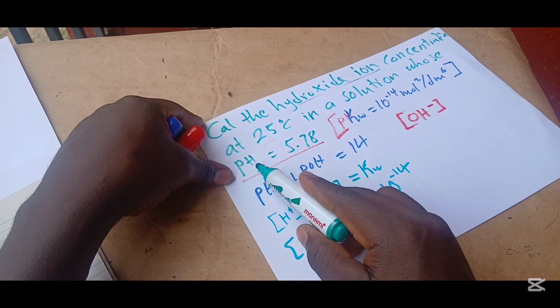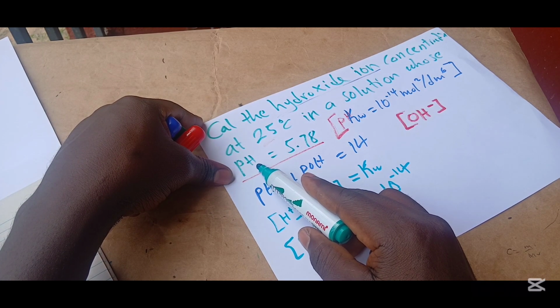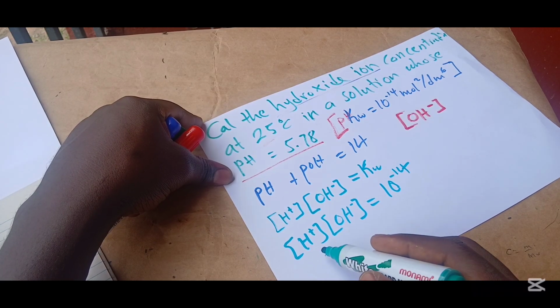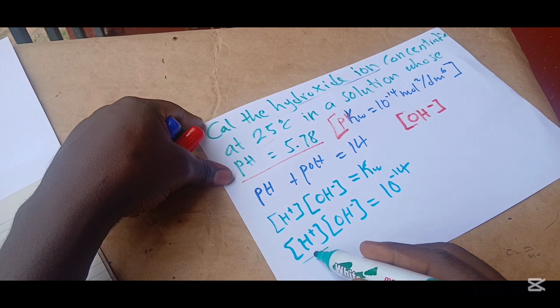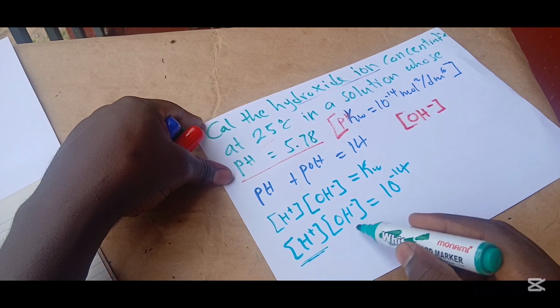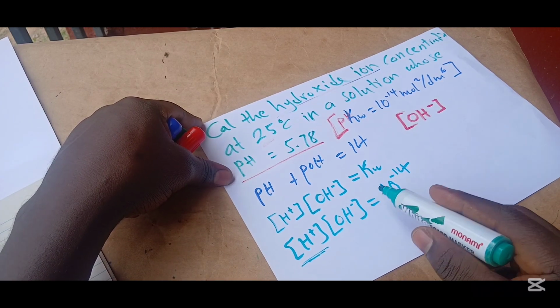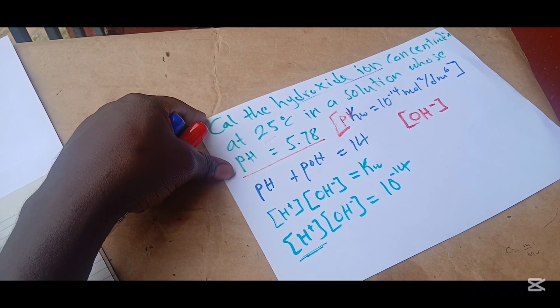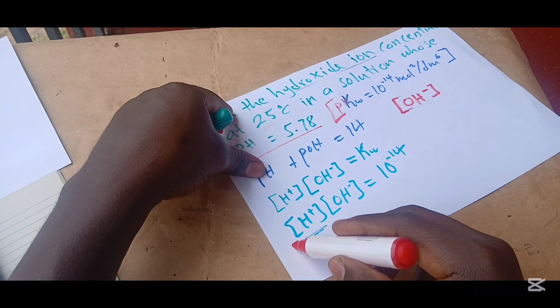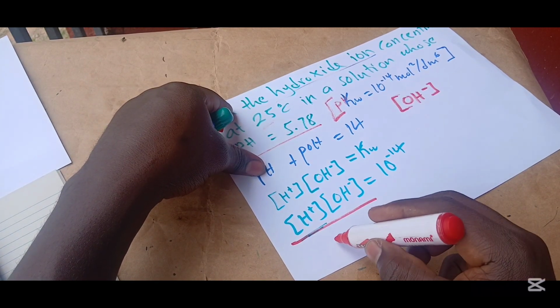And now we've been given pH, not the hydrogen ion concentration, but pH. So we can calculate the H plus concentration and then substitute it into this formula to solve for the OH minus ion concentration.